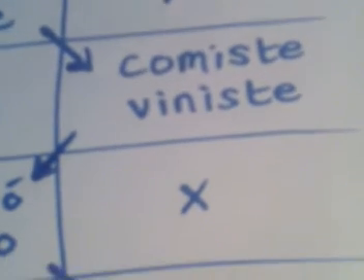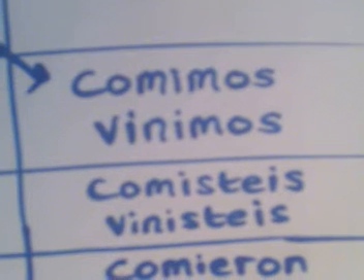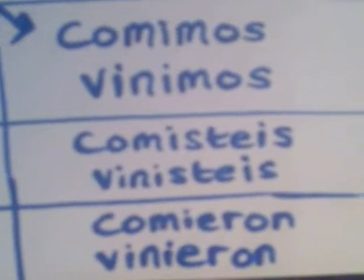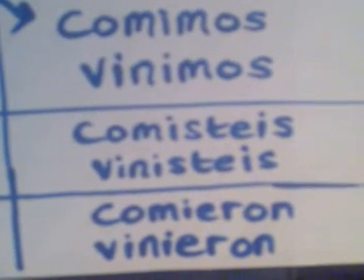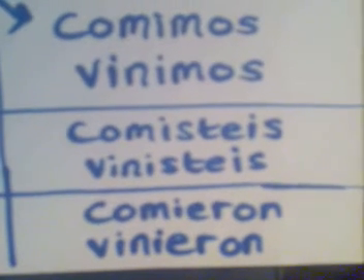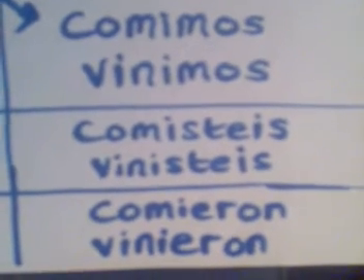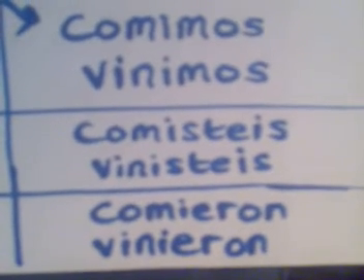And then further down, the top word in each case, once again, you have comimos, we ate, and then the you guys form, the second person plural, comisteis. And then in the sixth column, the last column on the right-hand side, you have the regular preterite tense verb ending of the same verb comer, so comieron, they ate.